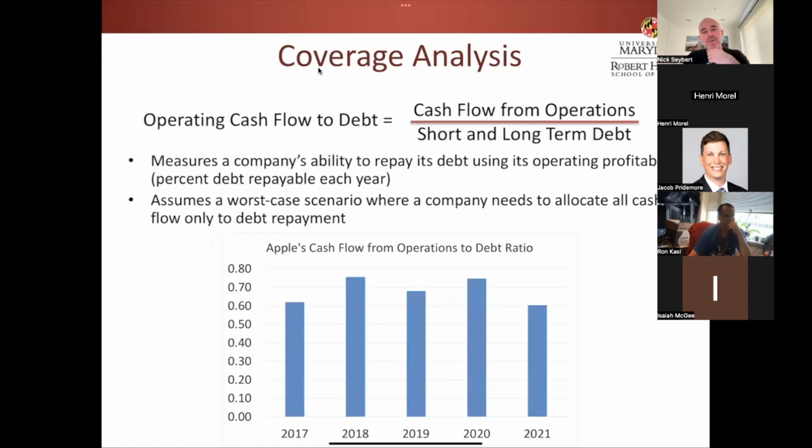The other coverage one, this is a longer term one. How do we know it's a longer term ratio? Because the denominator is short and long-term debt, all the debt, right? And that debt might not be due for 10 years, 20 years. We don't know for sure. On average, you could calculate it. But so we've got cash flow from operations. Cash flow from operations is very similar to, actually, what would you call it in finance?